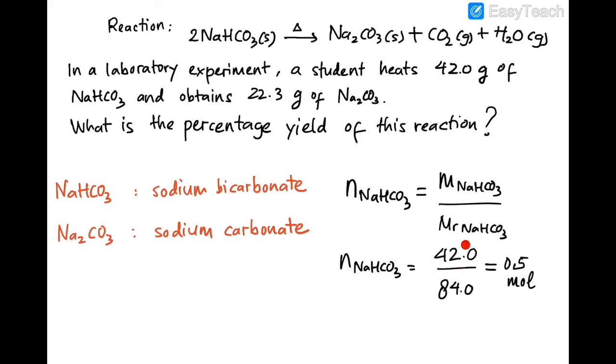We take the mass and we divide it with the MR of NaHCO3. You can check the AR for each of the elements in the periodic table, and then you will find that the MR is 84. So 42 divided by 84, you will get around 0.5 mole.